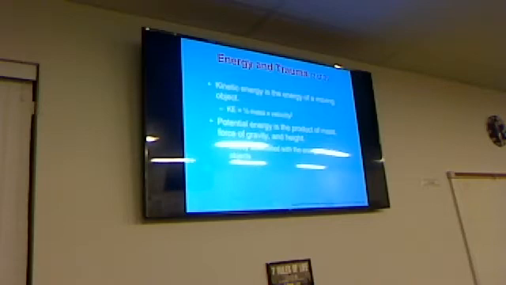Potential energy is the product of mass, force of gravity, and height, so it's mostly associated with the energy of falling objects. This is where you look at things like falls from a significant height. If someone falls off a roof 20 feet and lands on concrete, the potential energy and the potential mechanism of injury there is very significant.